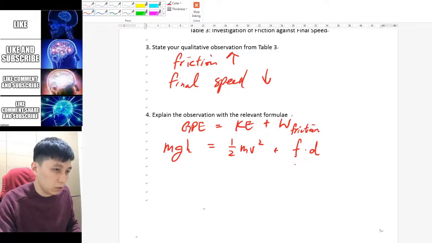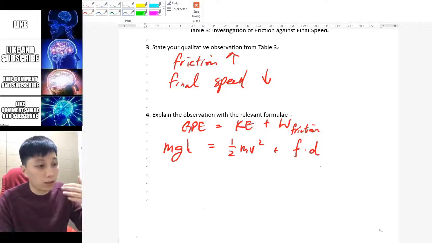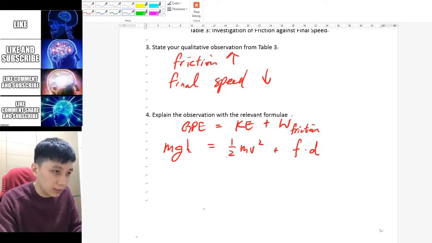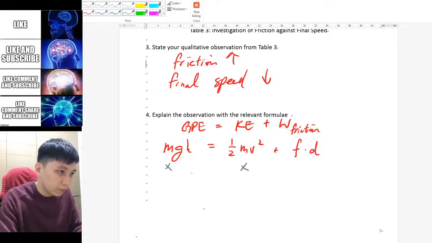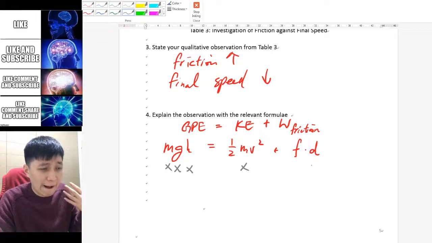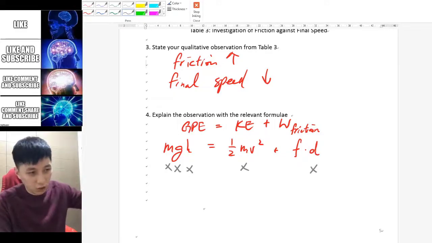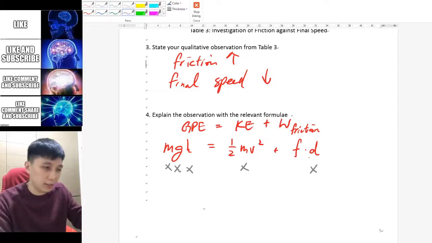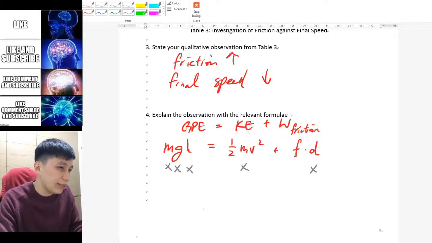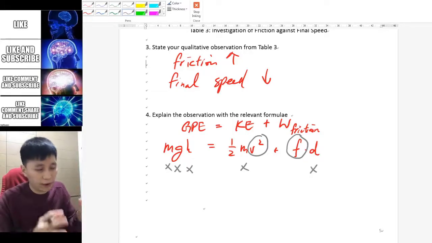And so we don't have the actual numbers, but we can see from the relationship of this equation that since m doesn't change, g doesn't change, h doesn't change, and also d doesn't change. Again, d is the length of the track itself. We didn't change it in this investigation. And so that leaves only v squared and F as the ones that could vary.